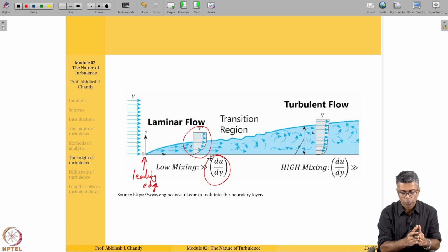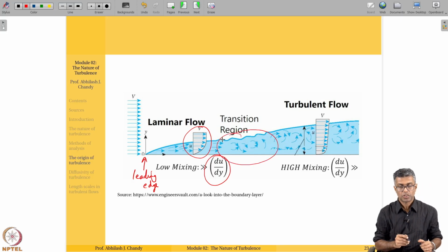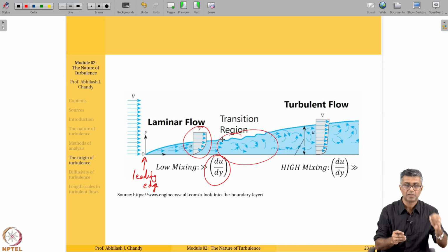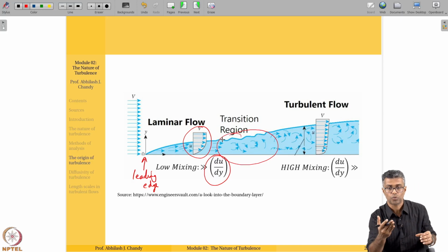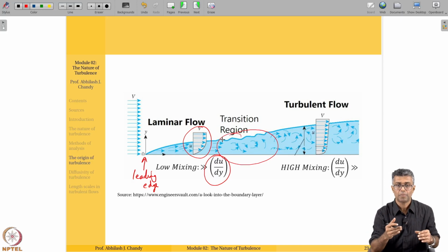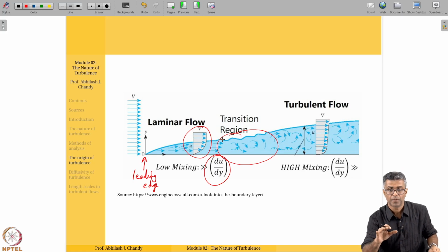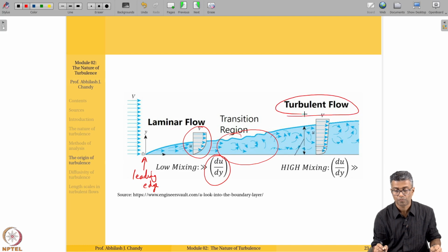Now as the flow keeps moving from left to right, you start to have instabilities in this transition region. Those instabilities will occur at certain points in space. Sometimes they occur over a period of time, they go away, they come back again, and so on. Those instabilities, depending on the Reynolds number of the flow, tend to propagate. And eventually the flow transitions to turbulent flow.